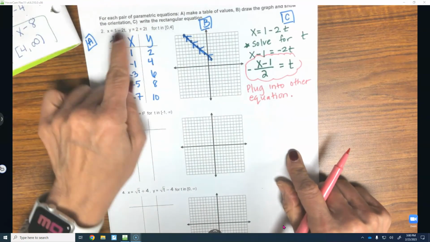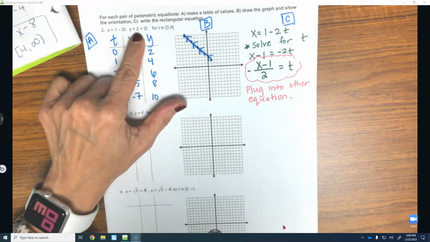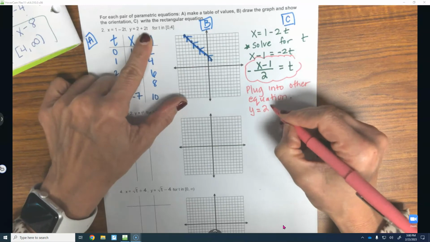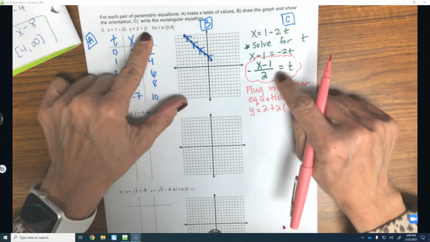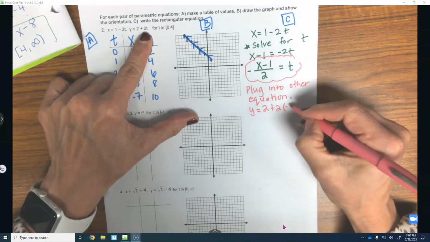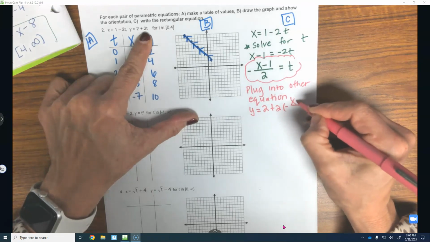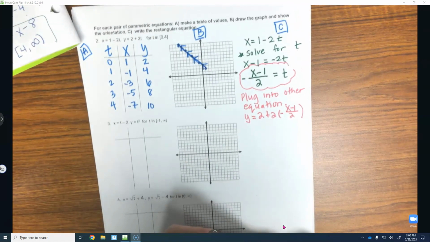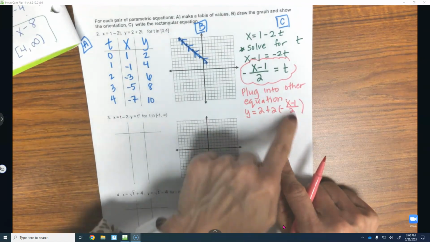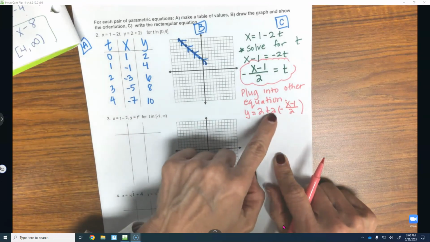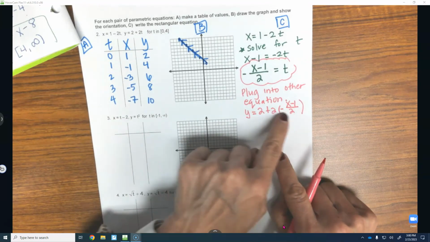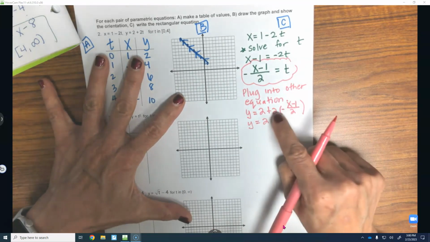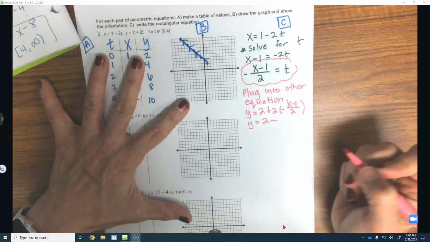All right, so here we go. We are now going to have y equals 2 plus 2 times this, because this is what t equals. So it's a fraction. All right, and then guys, go ahead and clean up and do your order of operations. Remember, this is a fraction. That's one term. We're going to distribute the 2 once. Those are going to cancel out. So this is going to be y equals 2. Remember, a positive times a negative is a negative.